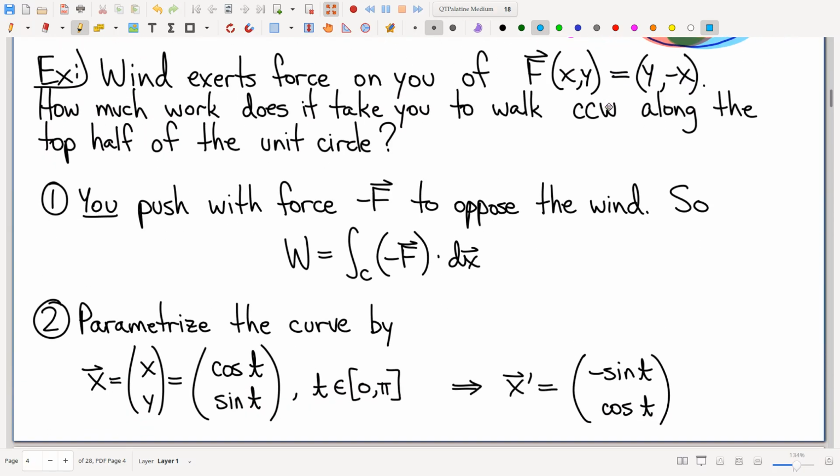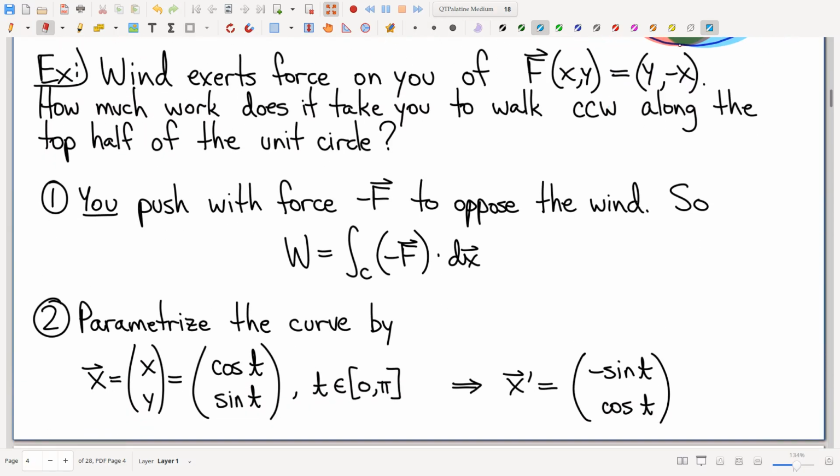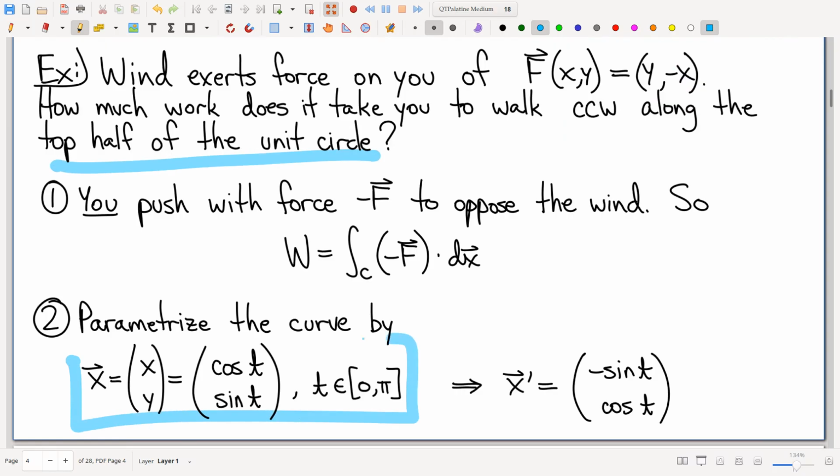I completely ignored the direction when I solved this problem, right? I looked at the top half of the unit circle. I parameterized the top half of the unit circle. I didn't give any consideration to whether this parameterization is going the way we're supposed to or not. I completely ignored, in other words, that it says right here I need to be going counterclockwise.